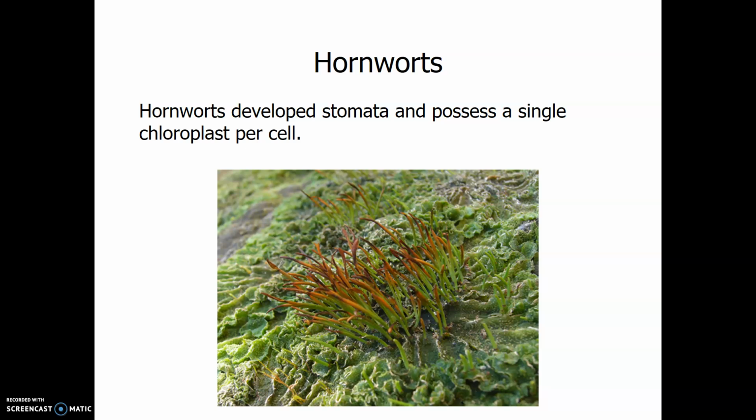All right, these are hornworts, and hornworts actually have stomata, and they do have one chloroplast per cell. What you're looking at down here are the gametophytes, and what you're looking at here, these stalks, are the sporophytes.